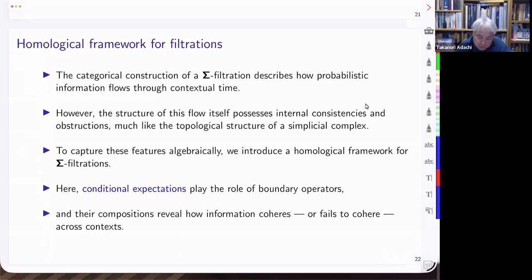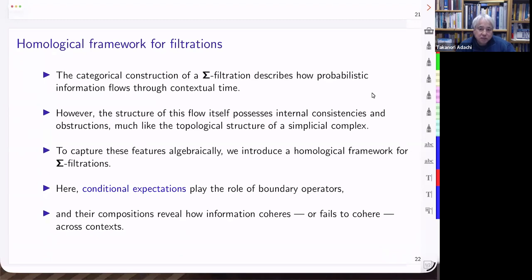However, the structure of the flow itself possesses internal consistency and obstructions. Sometimes it flows smoothly, but sometimes there is an obstruction and it is blocked. We can think of this kind of situation as much like the topological structure of a simplicial complex, not just simple information flow.